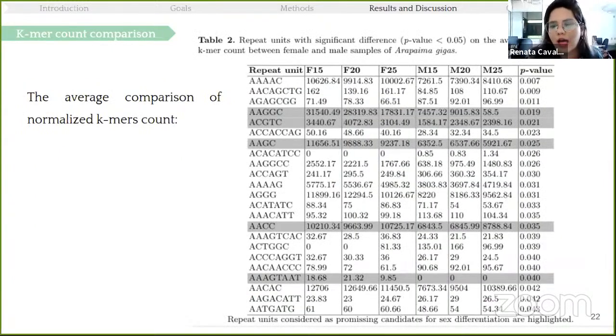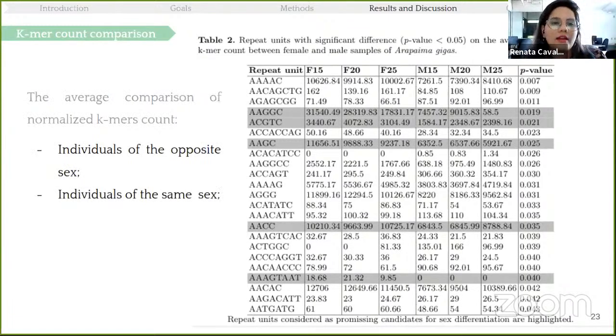So after normalizing the data, we could compare the samples, and in the K-mer count comparison, we saw the average comparison of the normalized K-mer count, and we saw the average for individuals of the opposite sex and the same sex.